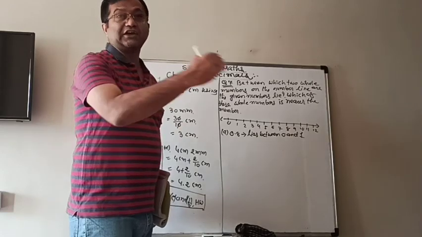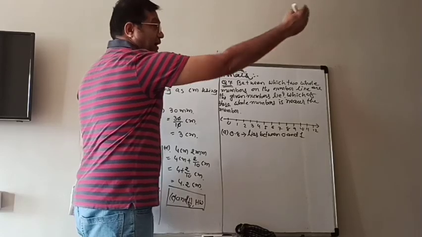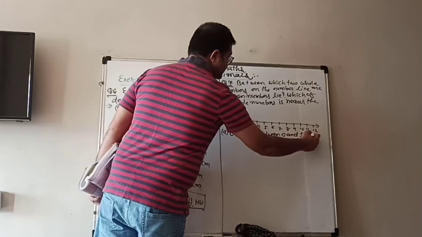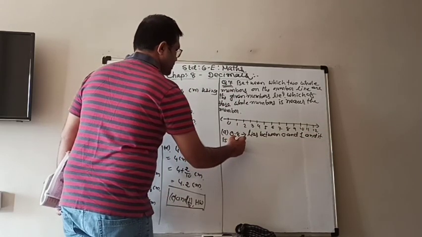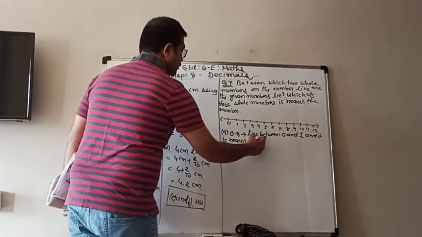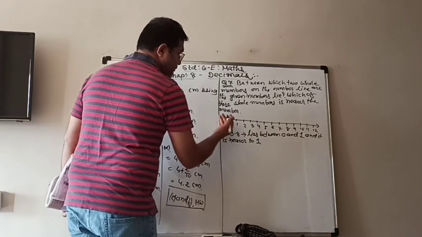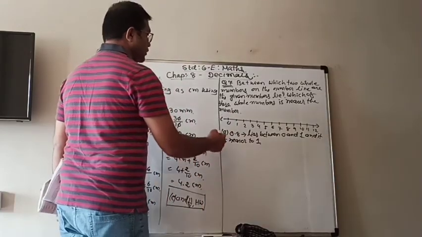Because we make 10 equal parts, then it will be far from 0 and near to 1. So it will lie between 0 and 1 and it is nearer to 1.